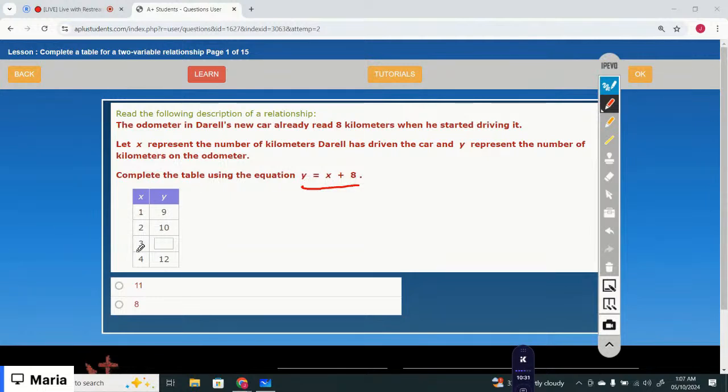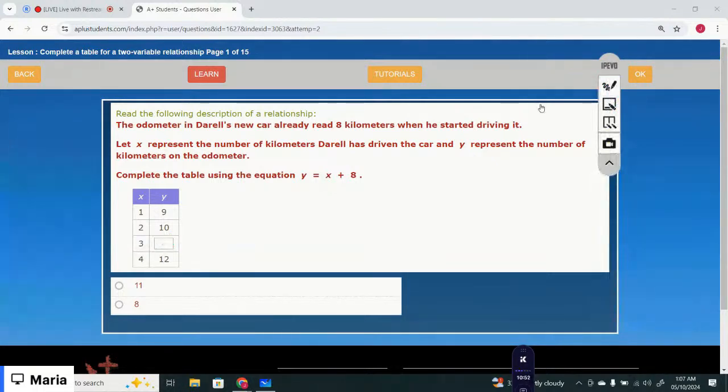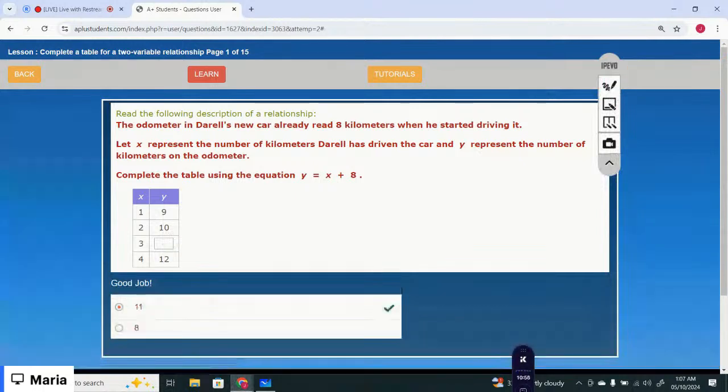You need to find the value of Y when X equals 3, right? So simply replace the variable with the value. X is 3, so 8 plus 3 makes 11. That means when X equals 3, Y equals 11. Got it? Option number 1 is the correct option.